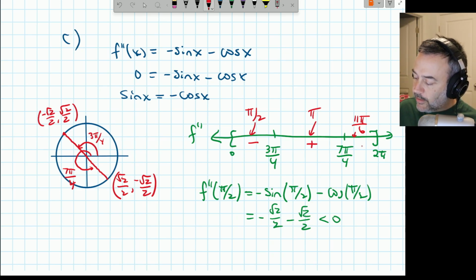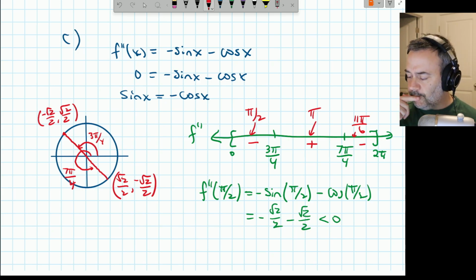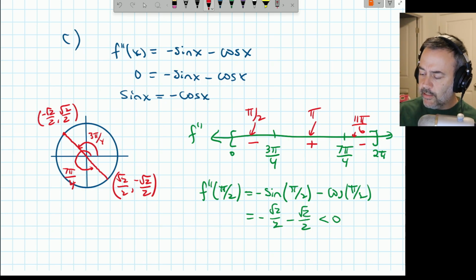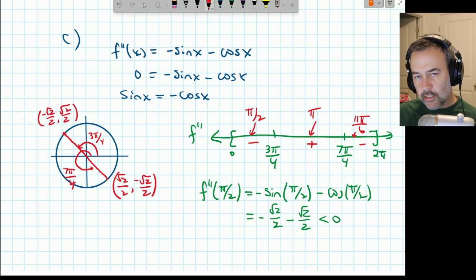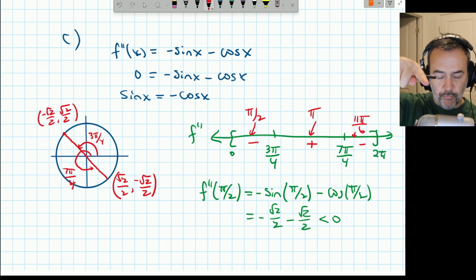I'll just tell you that, and by the way, think about the graphs of sine and cosine. When you don't have anything squared and nothing shifted up, these are usually going to be zeros of multiplicity 1, so the signs are going to switch. But that's not super obvious with trig functions, and there are cases where you can translate a trig function up so that just the bottom of the trig function just touches the x-axis.